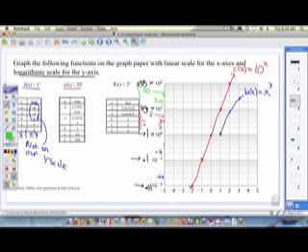And similarly, if we did the 2 to the x, we have -2 and a quarter, so let's see, there's 2 tenths, there's 3 tenths. I know it's somewhere in between. Here's -1, 2 tenths, 3 tenths, 4 tenths, 5 tenths, 0, 1.